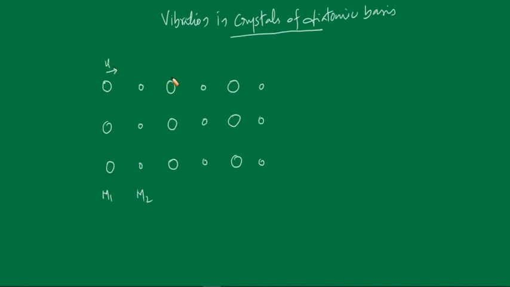Let me put this as u_s, the displacement of the nth plane, and this is the displacement v_s. And this is the displacement of the first kind of atom, that is u_{s+1}. This is v_{s+1}.